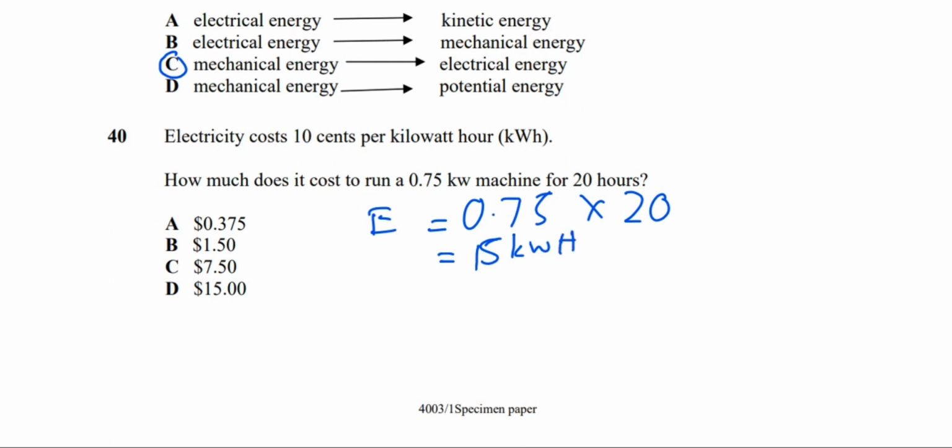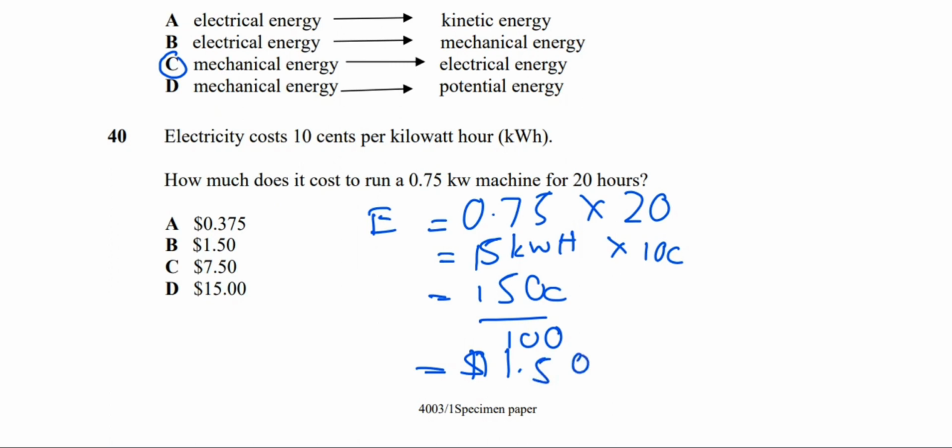For 15 kilowatt hours, each costing 10 cents, we multiply by 10 cents. This gives us 150 cents. Divided by 100 to find dollars equals $1.50. So the answer is B.